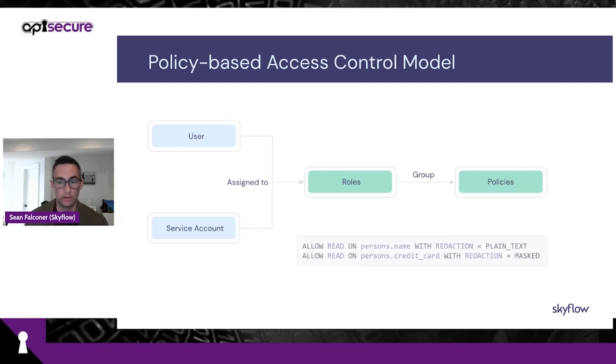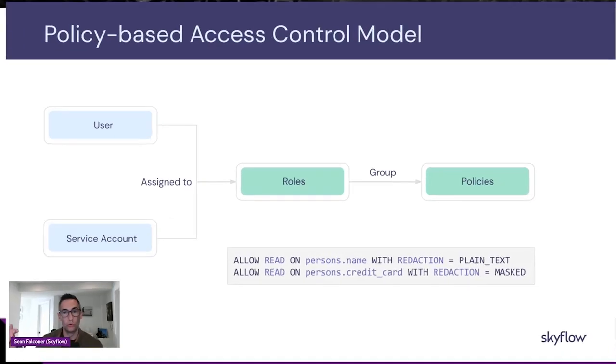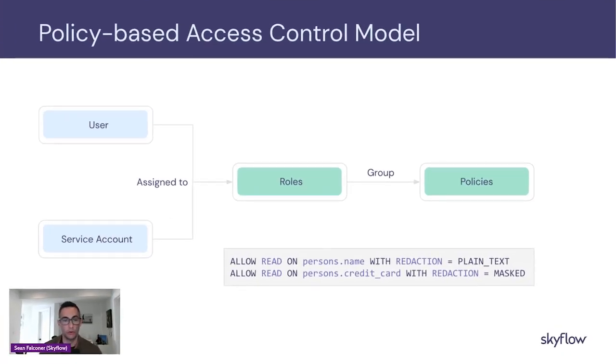And what we've developed is a simple policy access control language where you can build up rules that state what a user or service account has access to. Since it's a zero trust model, you don't have access to any information until you're explicitly given access. So until there are policies created, any user, service account, or role has no access to any information.